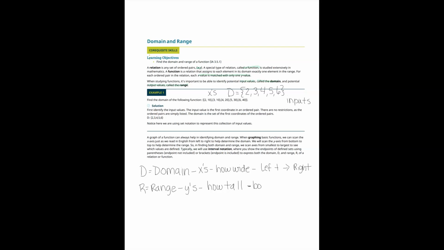May not have enough room for that here. There we go. Okay. Domain and range are always written in interval notation, like it says right here. So let's talk about interval notation real quick, okay?